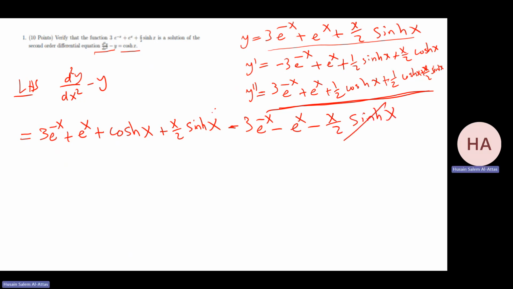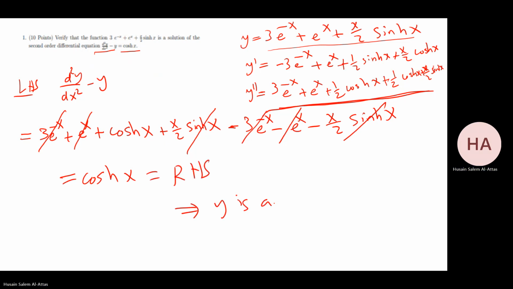Okay, this is cancelled. This is cancelled. This is cancelled. I'm getting what? Cosine hyperbolic x, which is the right-hand side. So y is a solution of the differential equation.